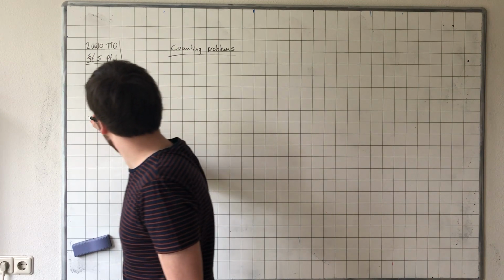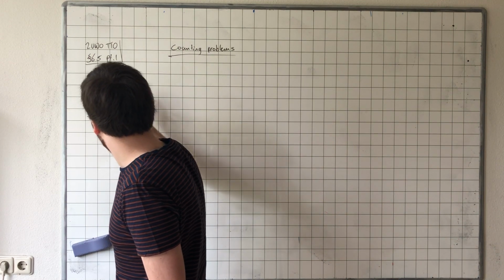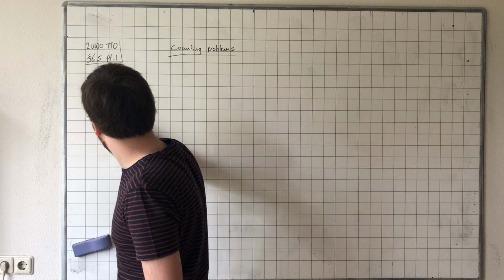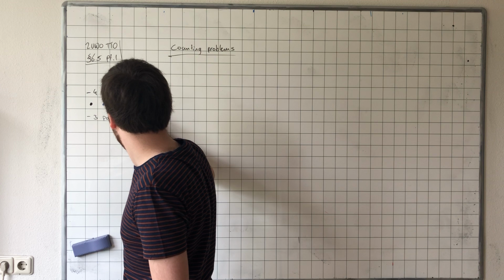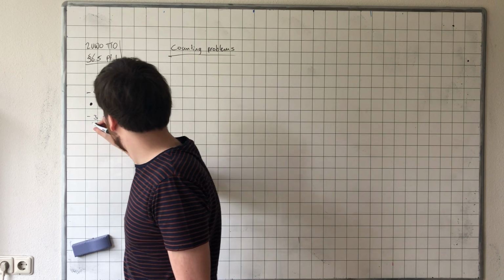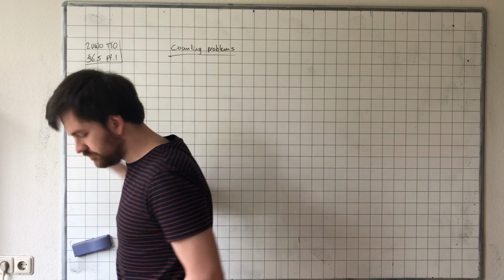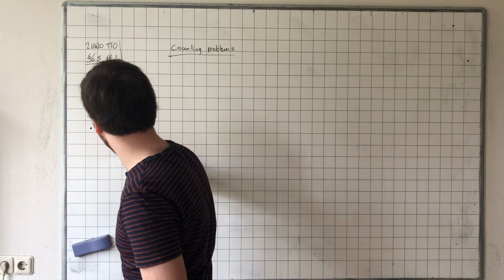Besides that, you have 3 pairs of jeans. Let's say that those are blue, black and green.